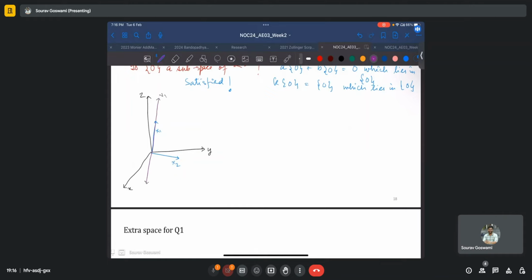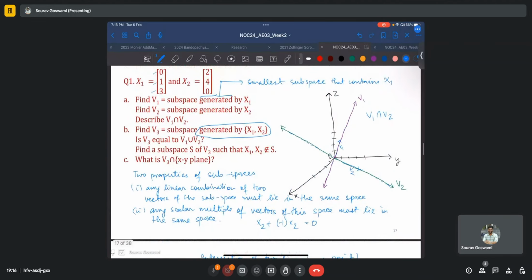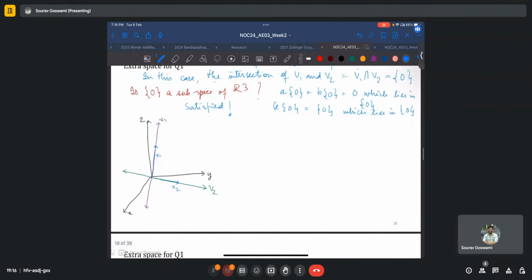This is V1, this is V2. The question now posed to us is: find the subspace generated by the set containing the elements x1 and x2, and is V3 equal to V1 union V2. Now, when I say V1 union V2, it is just these two lines. So it is just this line here and this other line here.